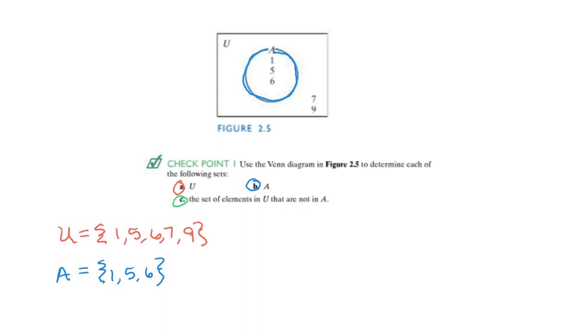Part C, it says the set of elements in U that are not in A. Once again, in the universal set, not in set A. So again, we're going to look outside of the circle, and that is going to give us a 7 and 9. And this is how you use the Venn diagram to define your sets.